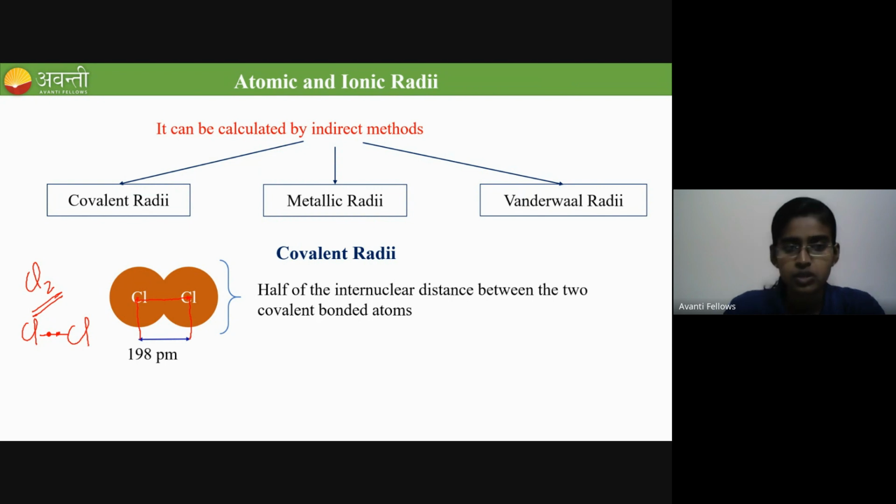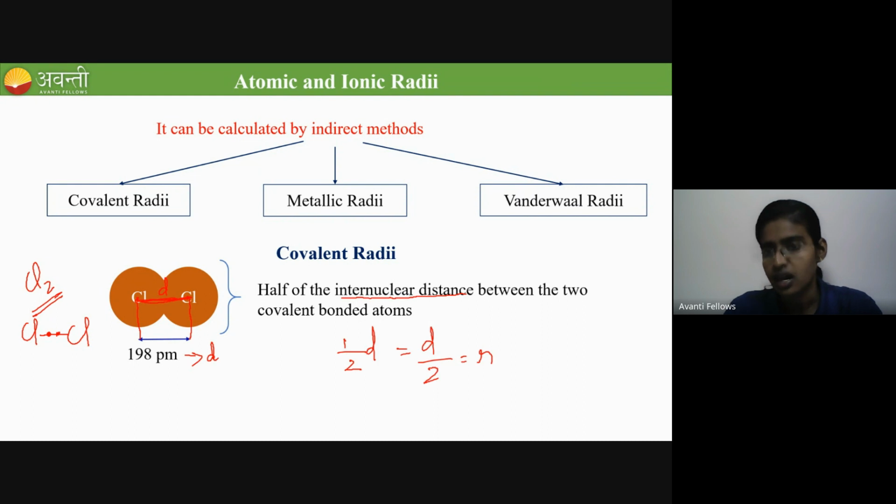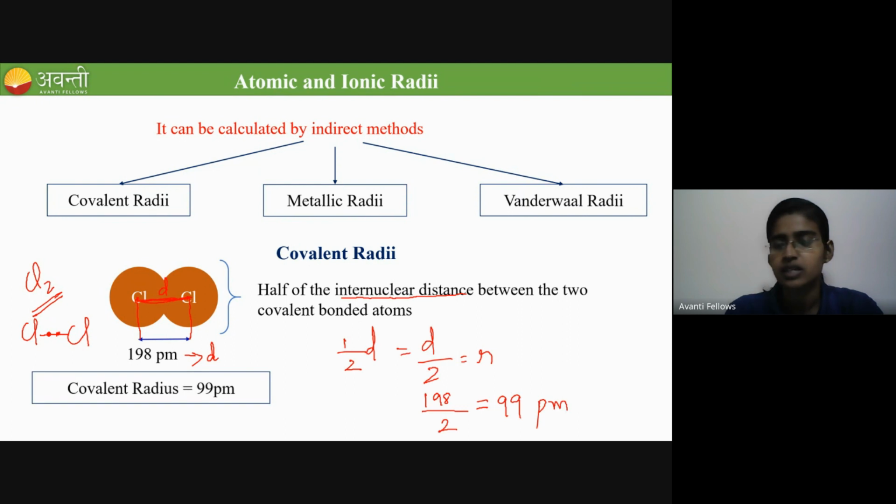This 198 picometer is nothing but the internuclear distance, which is denoted by the letter D. Half of the internuclear distance, D by 2, will give us the covalent radius R. D value is 198, and if I divide this by 2, I get R, which is 99 picometer. 99 picometer is the covalent radius of the chlorine molecule.